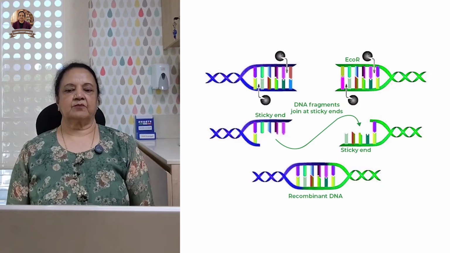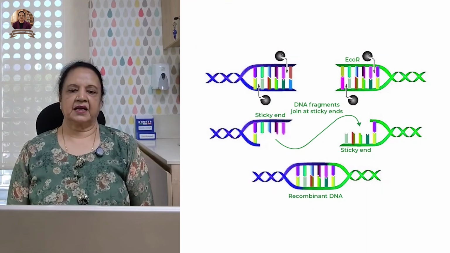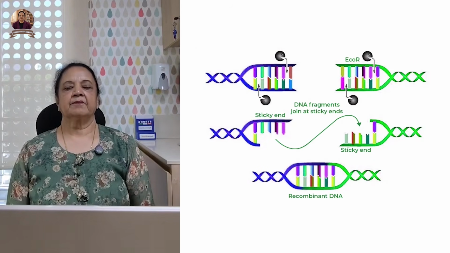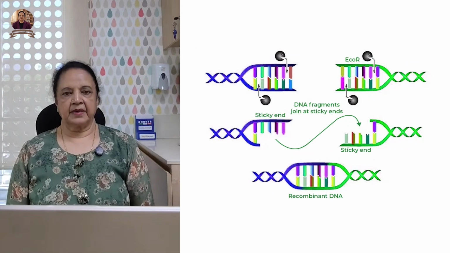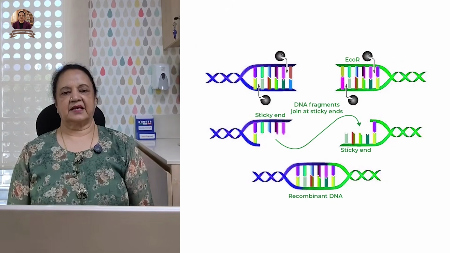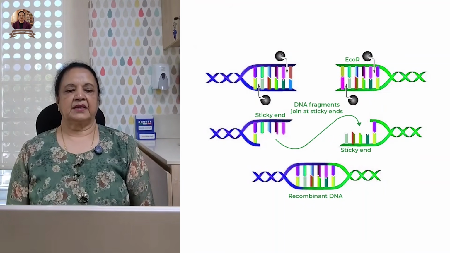When DNA from two different sources, that is, a human gene and a plasmid, are cut with the same restriction enzyme, they will have complementary sticky ends. These ends can then be joined together by another enzyme, DNA ligase, to form a recombinant DNA molecule.